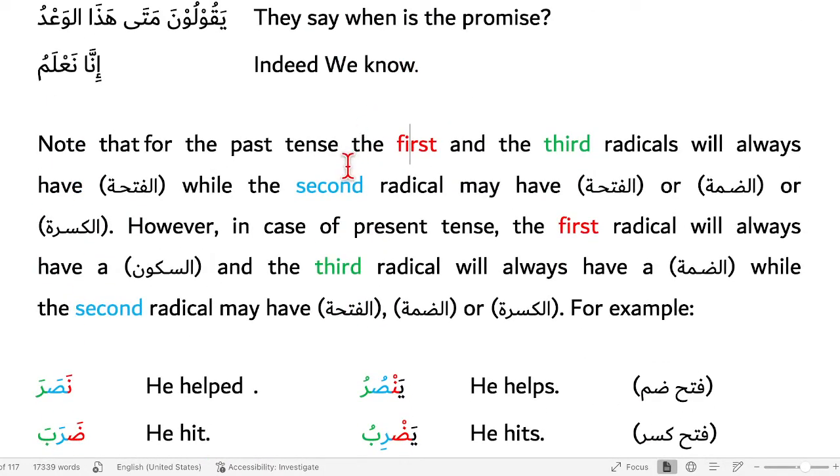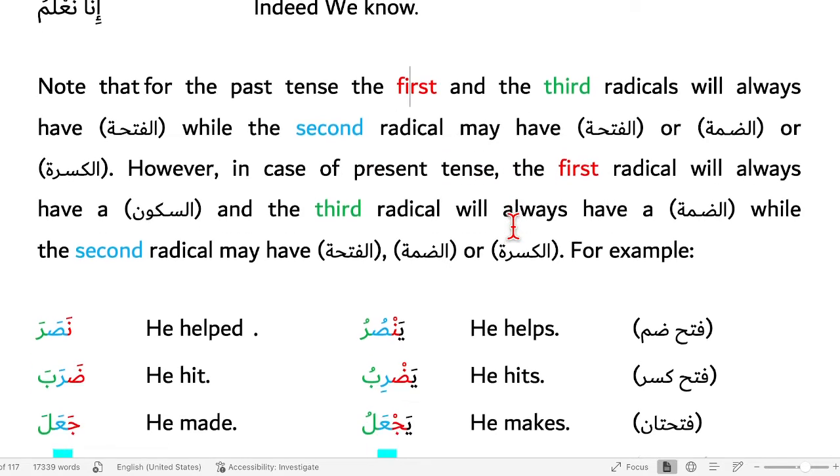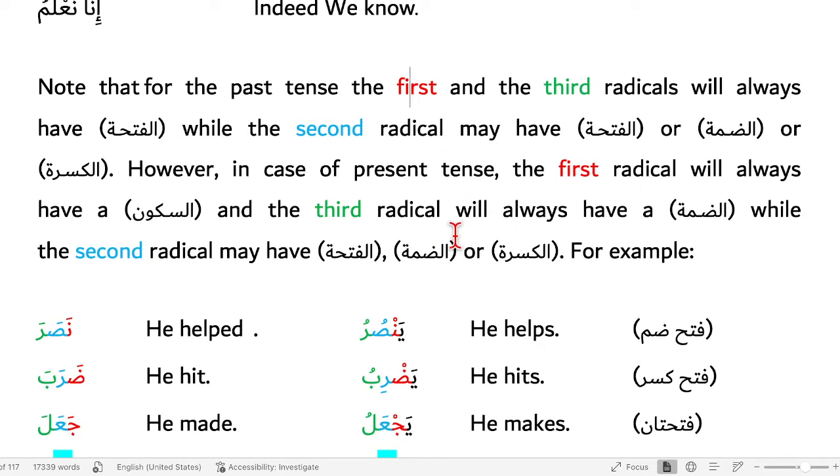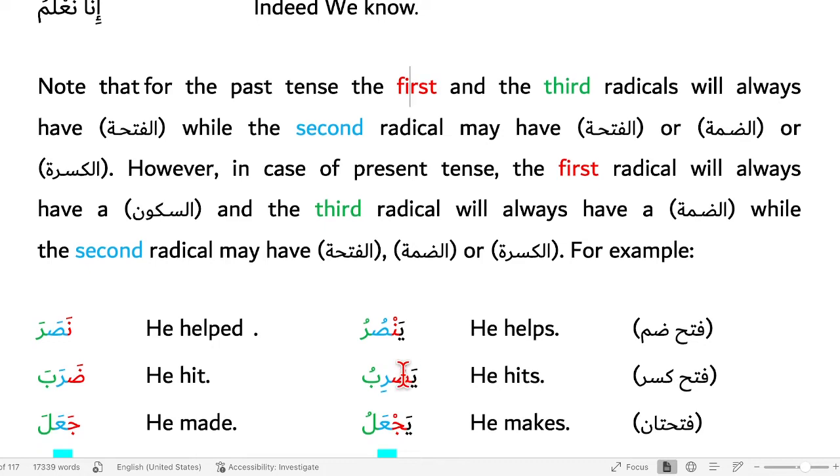So this was for the past tense. For the present tense, the first radical will have a sukoon. So you see that the first radical in nasara, na, is getting a sukoon here, jazm here. So nasara yansuru, zaraba yazribu, this getting a sukoon.